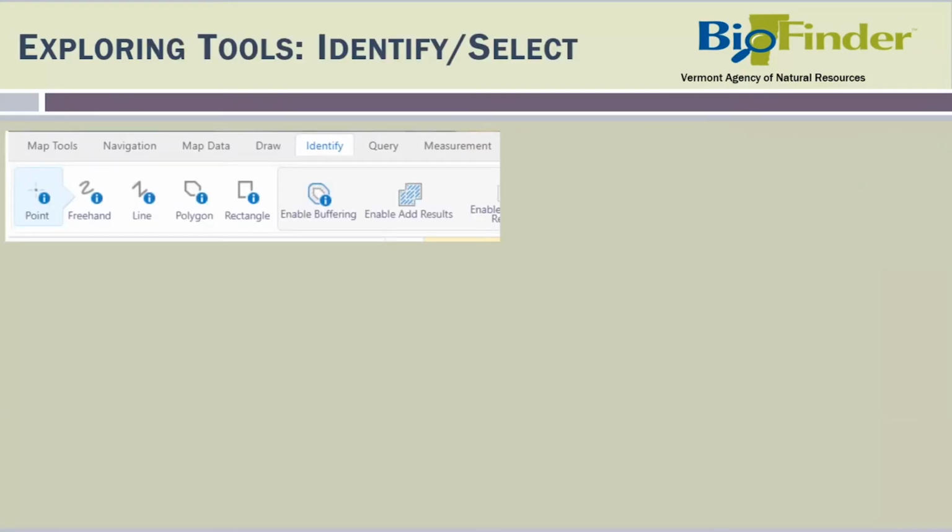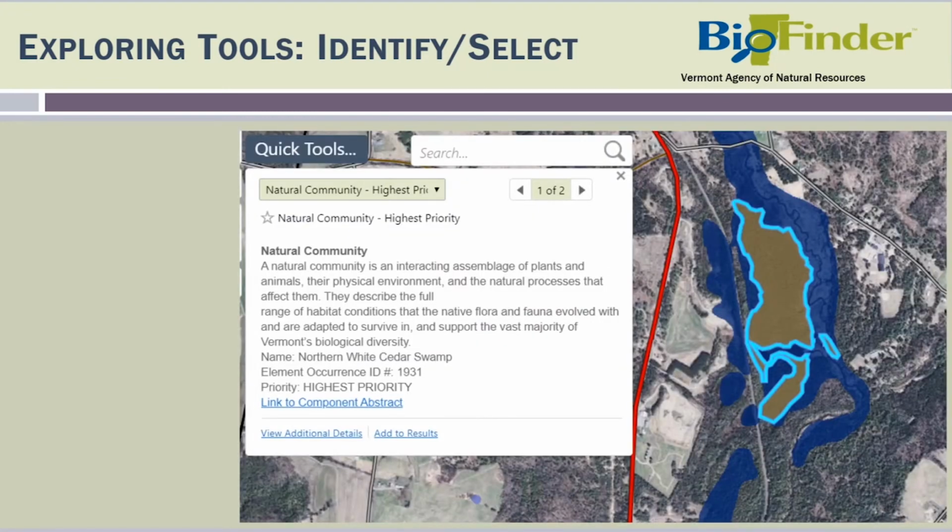One of the features I think you'll find most useful is the identify menu. So this is a way that you can select specific data in the BioFinder and either learn more about it or begin to manipulate that data. So for example, here, if I click on this feature here that's showing up in BioFinder, this happens to be a natural community.